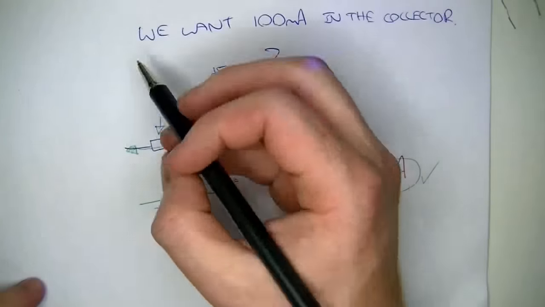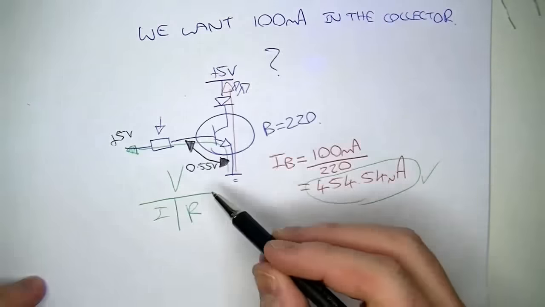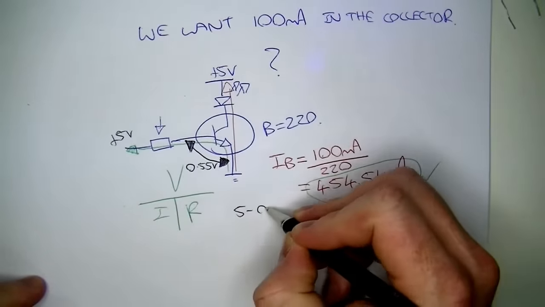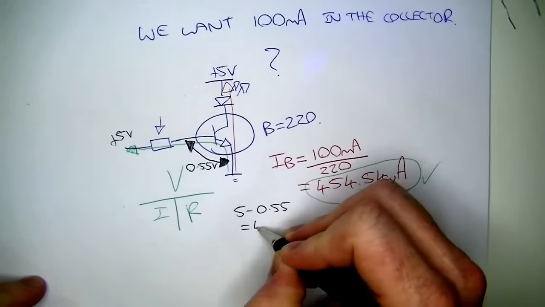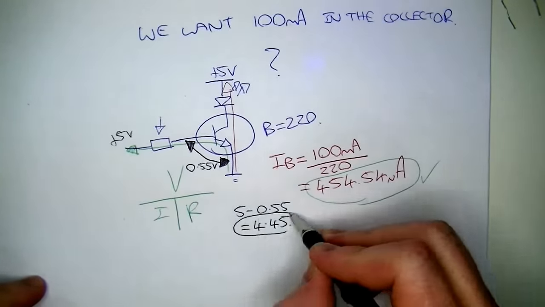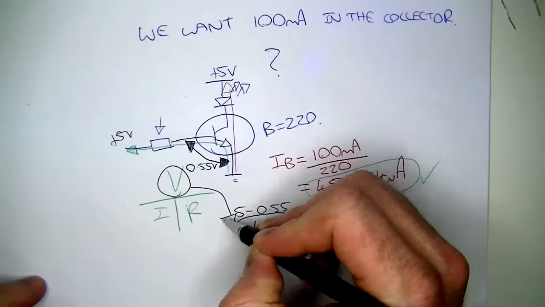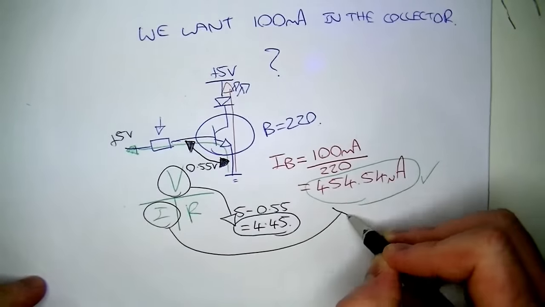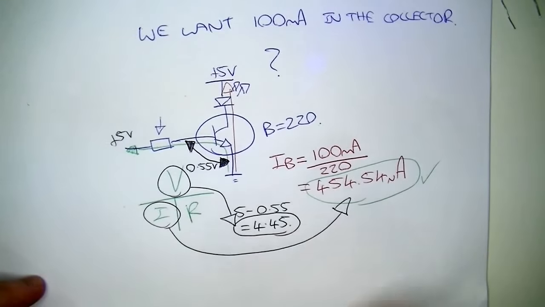If I'm sticking to my plus 5 volt power supply, that leaves me with 4.45 volts. So now I've got the voltage across the resistor, I've got the current. Now I can find out what resistor value we need.